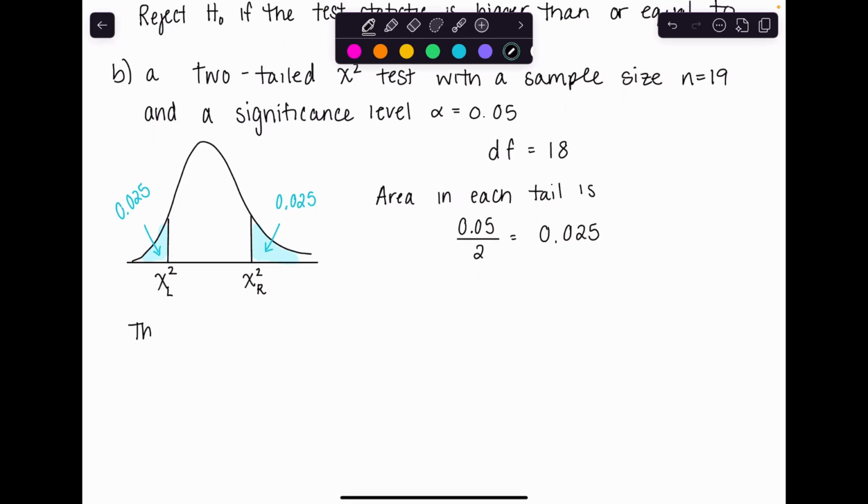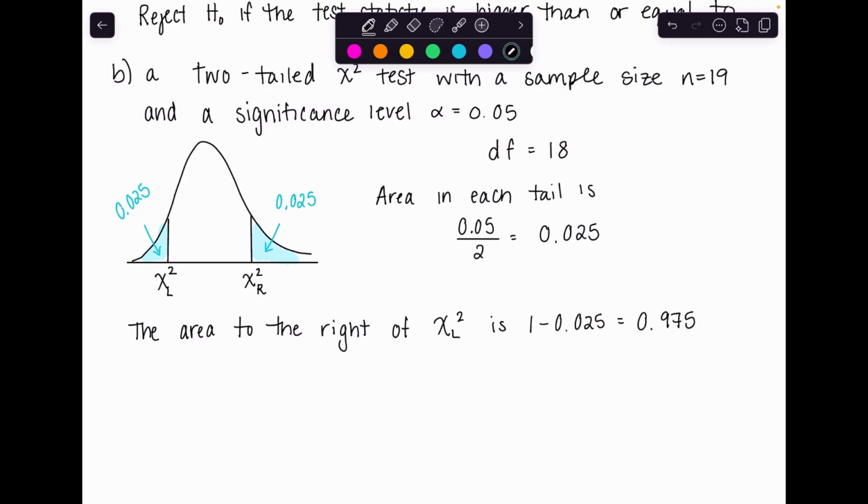So to figure that out, the area to the right of this critical value is 1 minus the 2.5%. So that would mean 97.5% of data falls to the right of this value.